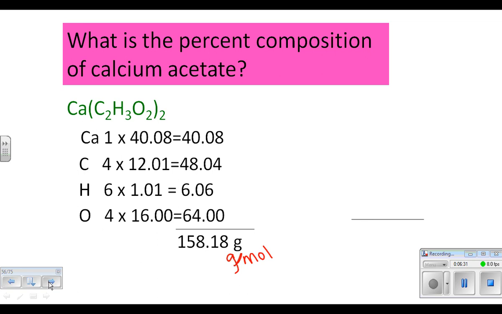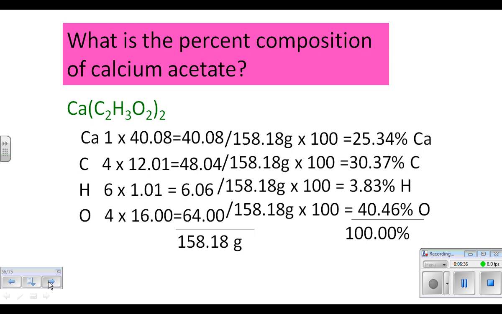So for 40.08 divided by 158.18, we should end up with 25.34%. Then 48.04 divided by 158.18 times 100, we get 30.37%. And then 6.06 divided by 158.18 multiplied by 100, we should get 3.83.